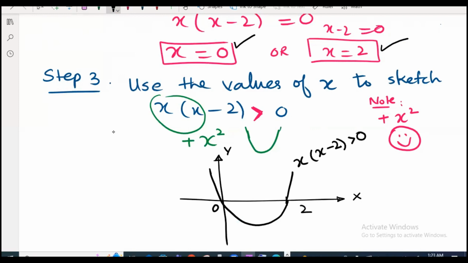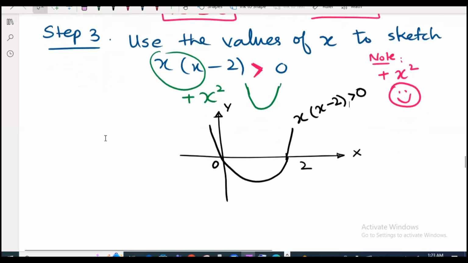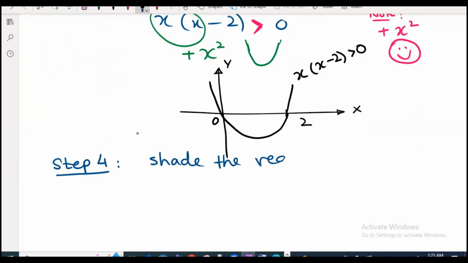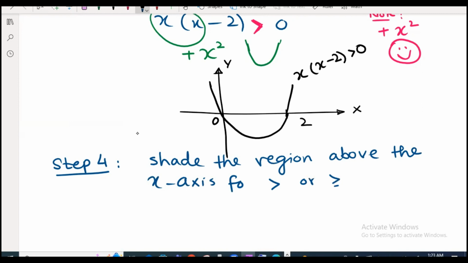Now step number 4, shade the region above the x-axis for greater than or greater than or equal to 0.